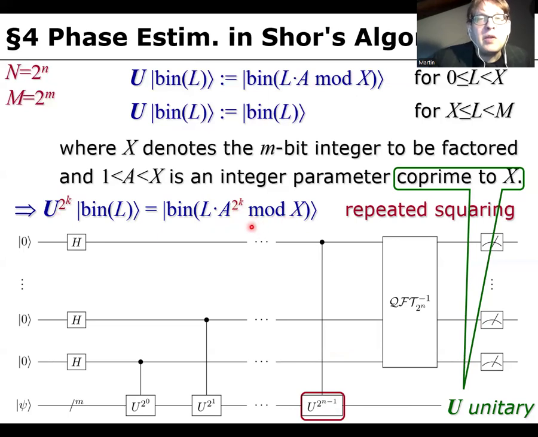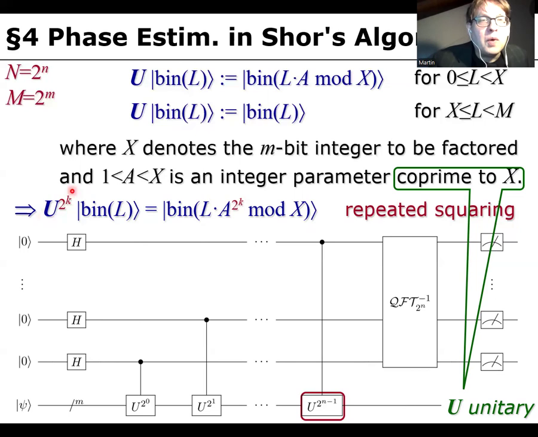So that's the property of modular multiplication, that we can first do the multiplication and then reduce modulo X, or we can first reduce modulo X and then do the multiplication and then reduce modulo X again. And this allows us to apply the classical repeated squaring in order to find a succinct representation of this power of u.